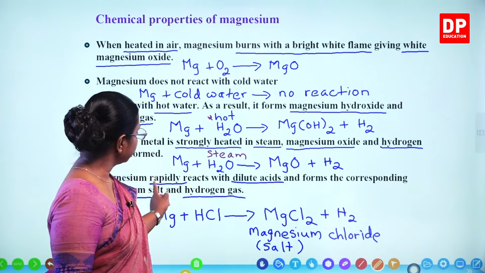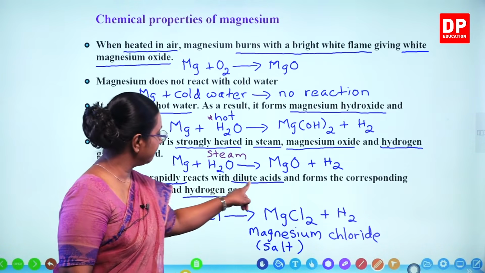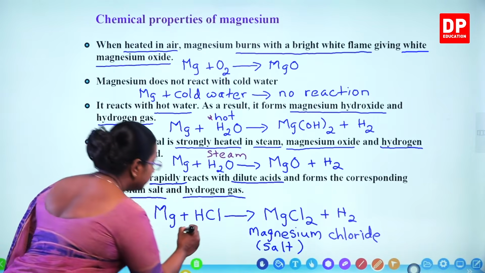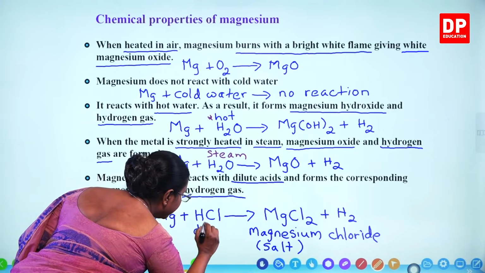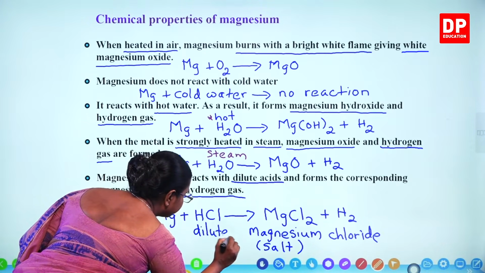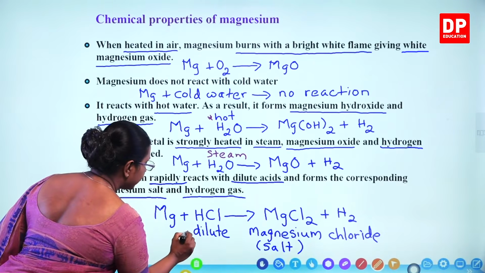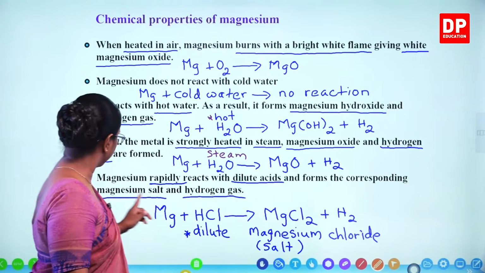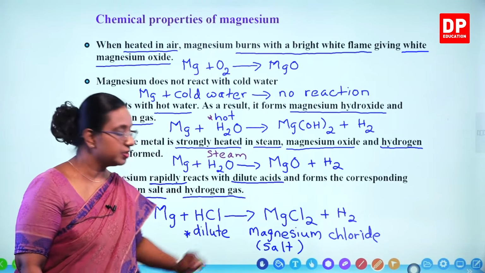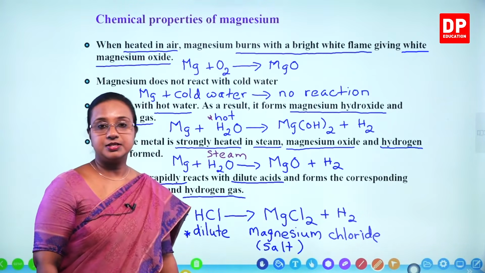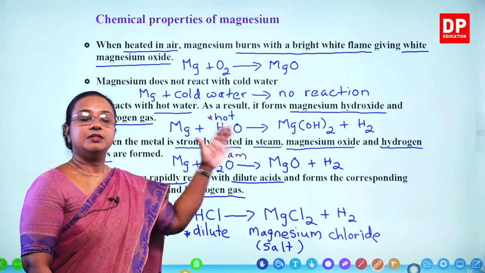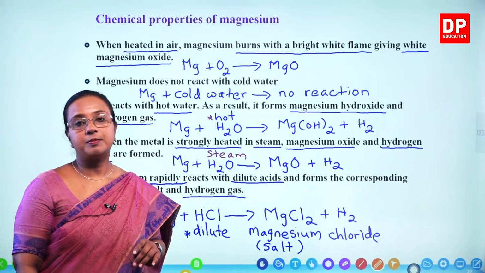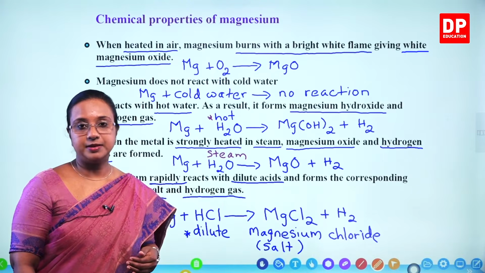So, as you can see, it reacts rapidly with dilute acids. This has to be dilute HCl. So, that is something you have to remember, and it forms the corresponding magnesium salt and hydrogen gas. These are the chemical properties of magnesium.